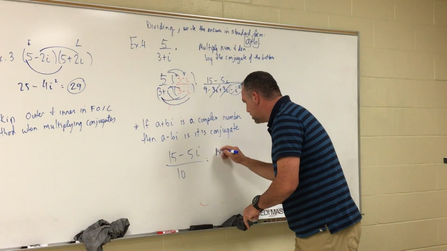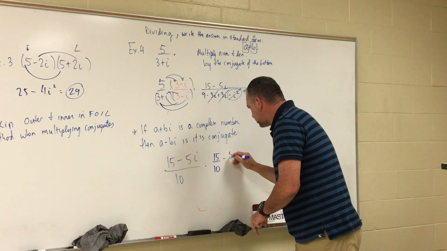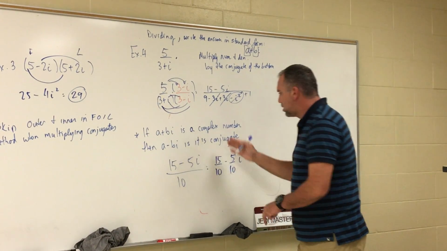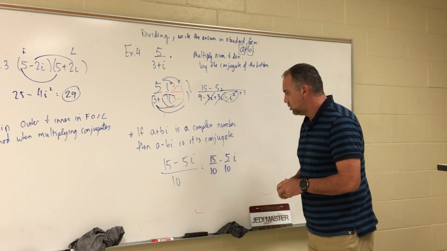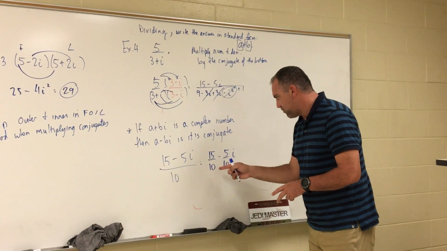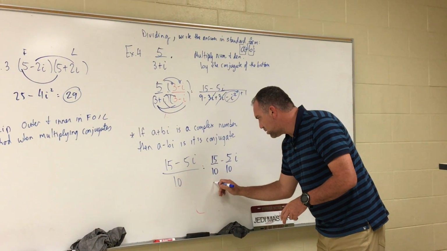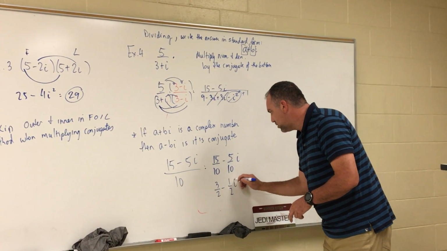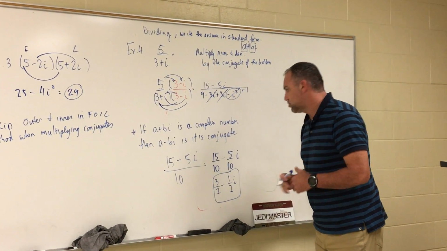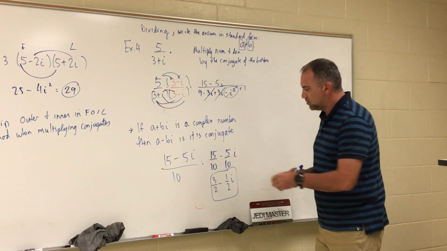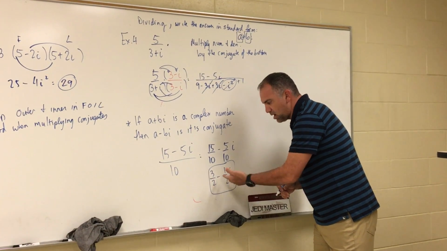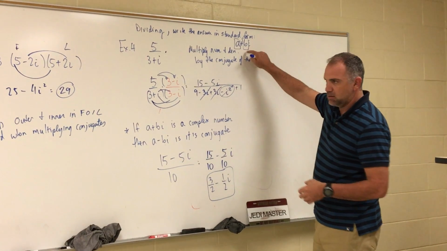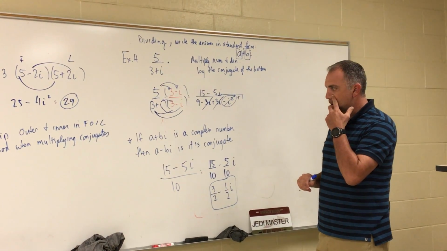Treat the 10 as a common denominator, and then you can reduce each one and get your answer. So here I can take a 5 out of both, so that'll reduce to 3/2, and here that'll reduce to 1/2, and that's your answer. Now it's of the form a plus bi. In this case, it's a minus. Same thing, standard form. Okay.